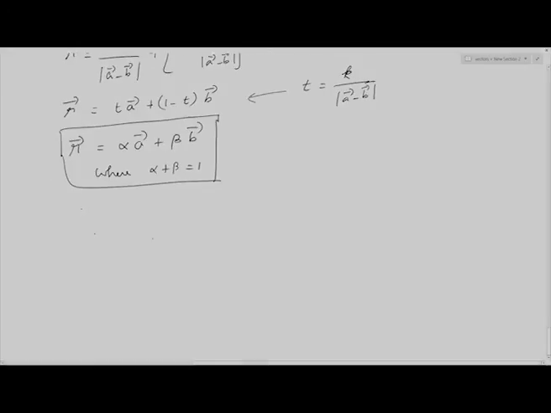The general equation of the line, vector r, I can rewrite in a simpler way: vector b plus t times, since I have introduced the notation t, a real number varying from minus infinity to plus infinity, t times a bar minus b bar, the vector a minus vector b. So this is the equation of the line.